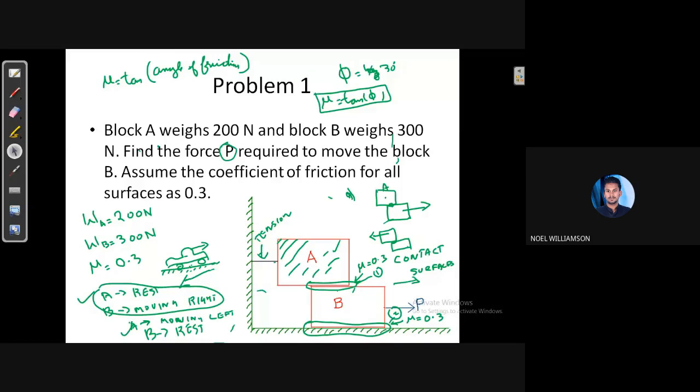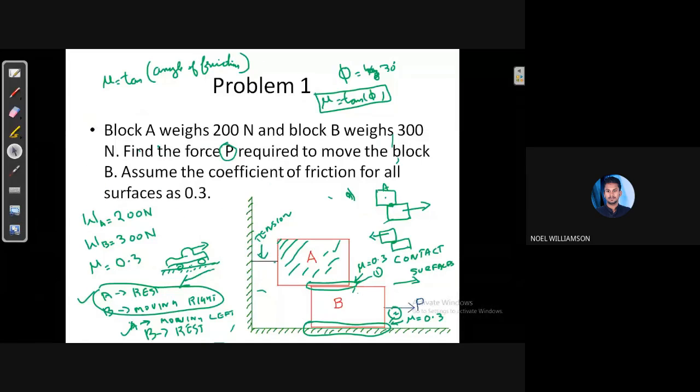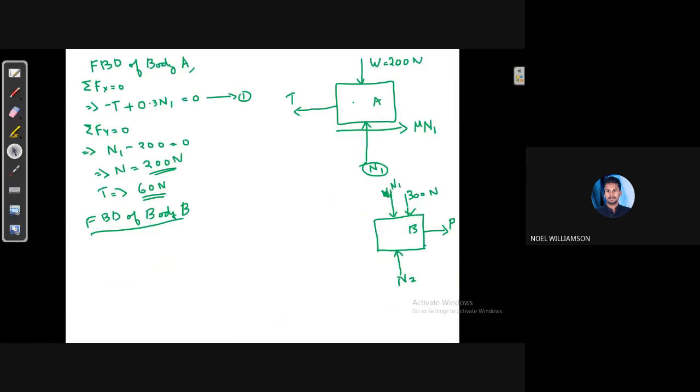So when B is moving towards the right, the friction force will be acting towards the left. So the direction of friction will be in this direction, and the value will be equal to mu into the normal, that is N1.